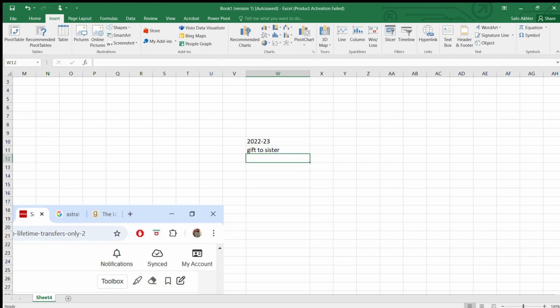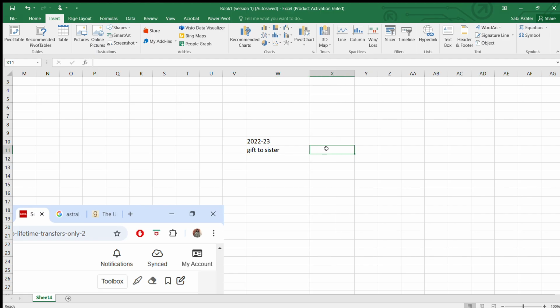Which is 1,500. Now, this will be covered by the annual exempt amount itself, because your annual exempt amount currently is 3,000. So here, annual exemption of, since we are using the current year and the brought forward, here you don't have to bring forward anything. The current year is enough.